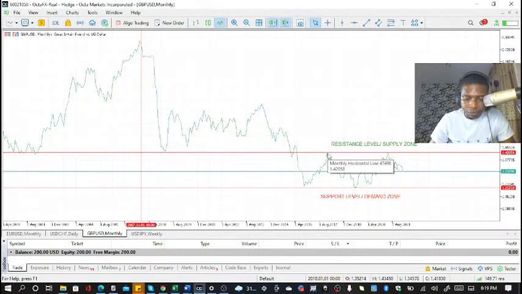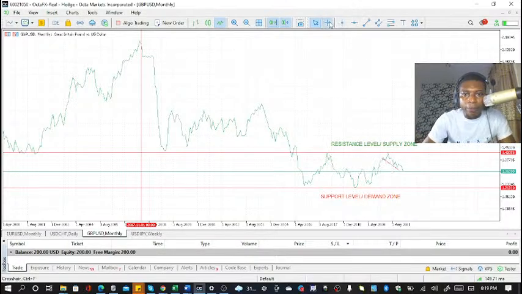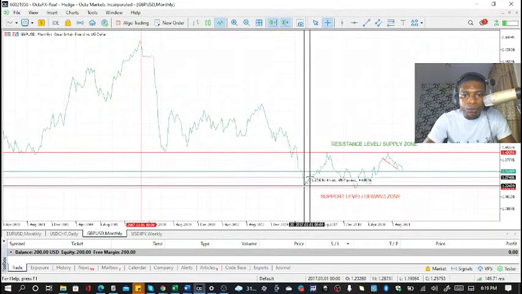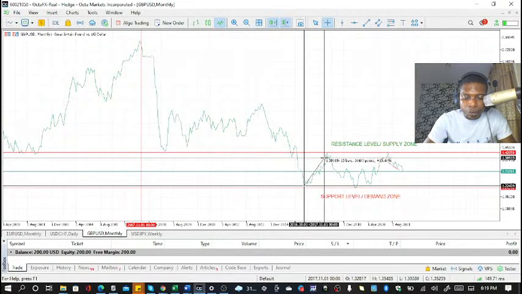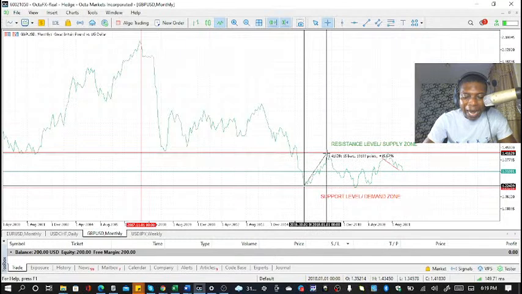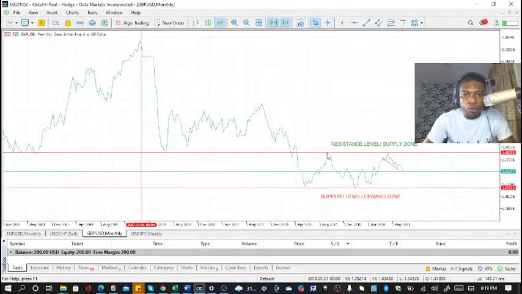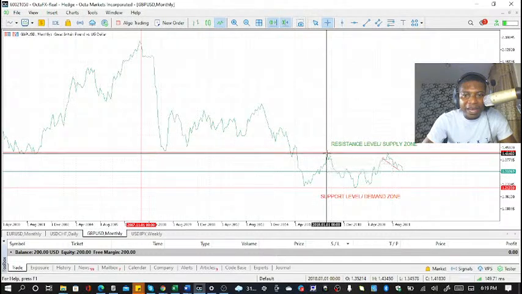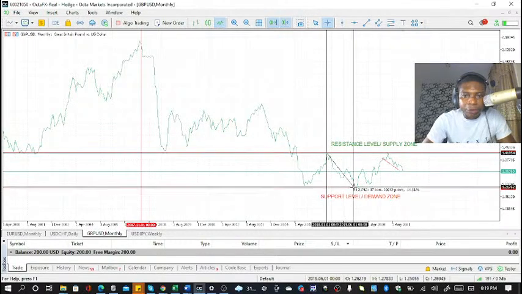Okay? Are we following? So they are now offloading their holdings. Buyers who bought at this level down to this level are now selling off. They are offloading their holdings at this level, and that is why we saw that price fell from this level down to this level.